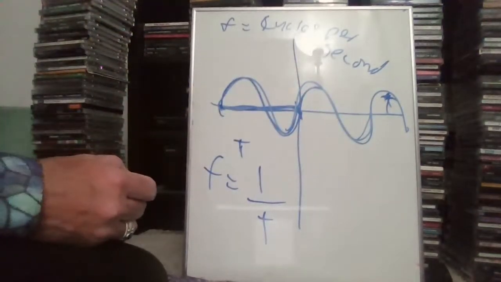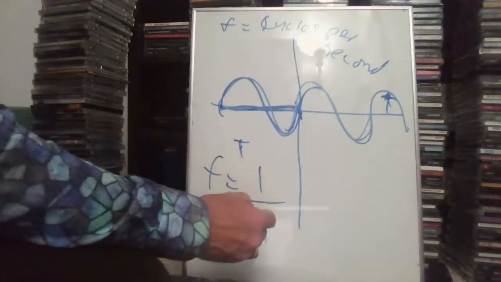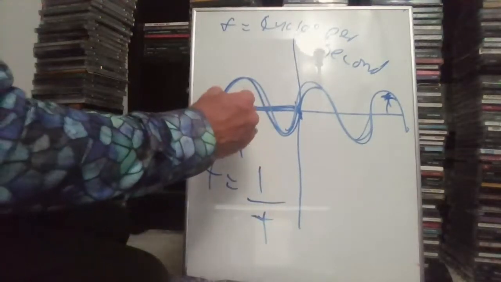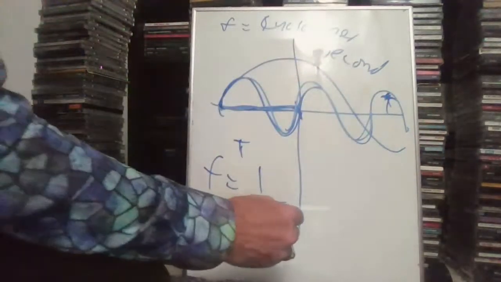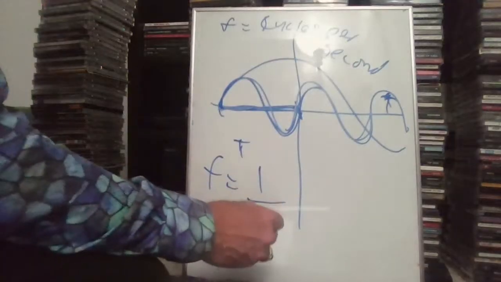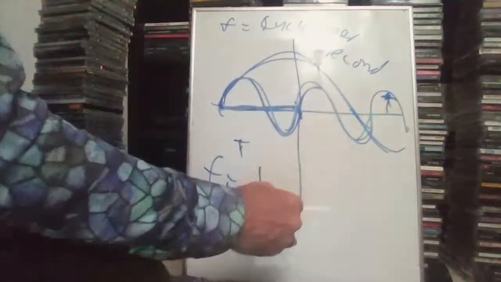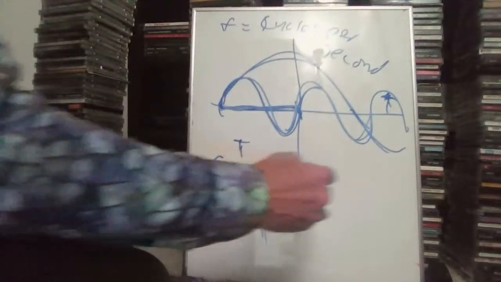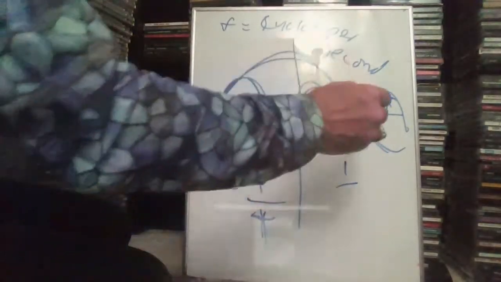Now, a couple things here. First of all, if the period gets big, it takes longer to make a cycle. So the period is bigger, then the frequency is 1 over a bigger number, which is going to make the frequency less.